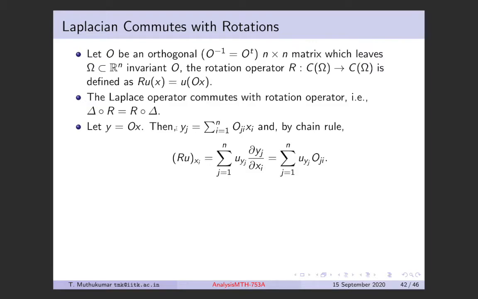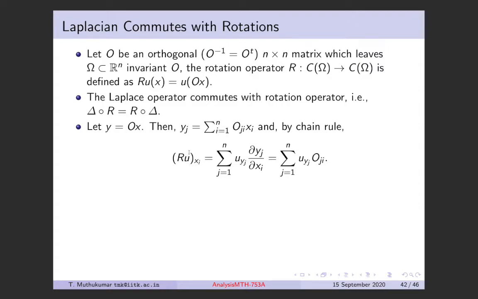In this case y_j is precisely what we have given here, so the x_i derivative of that is just the ith term in this sum. The rest of the derivatives will be 0, so only the ith term will survive in this sum. So what you have is precisely O_ji, and that is the x_i derivative of Ru.